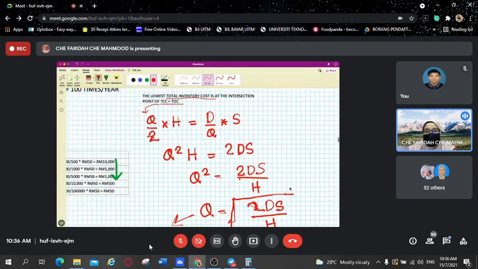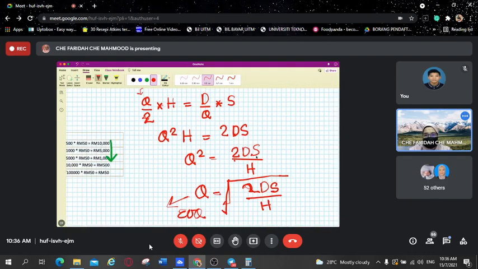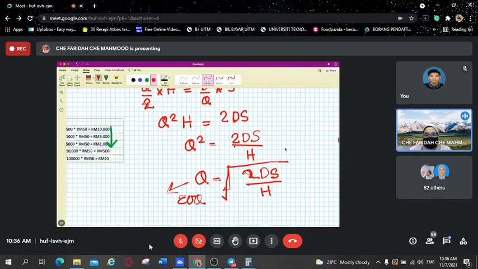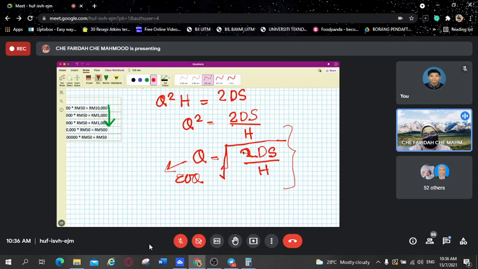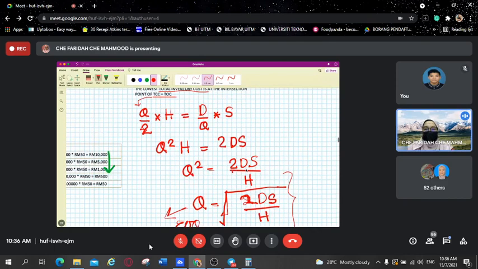When we solve this, we put Q on the left side to get Q squared, and put H on the other side, and that's how we get the EOQ formula. Are you good? Are you okay? Understood.